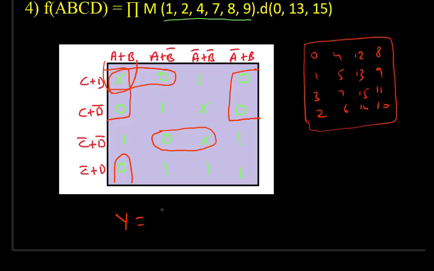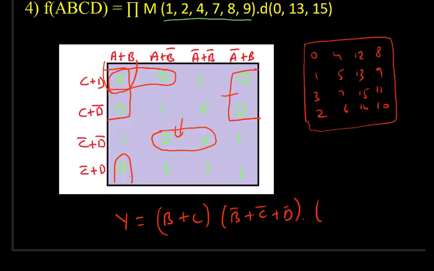First we write the equation of the quad. In this case the equation of this particular quad is B or C. Then the equation of this particular pair: A is changing, so we have B bar or C bar or D bar.